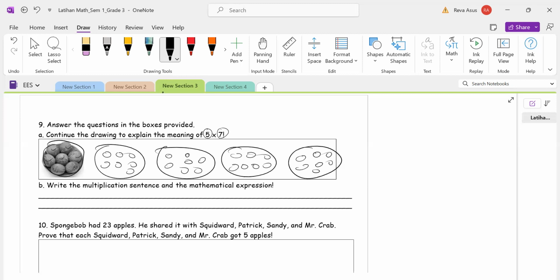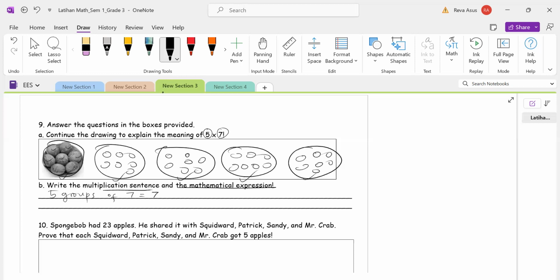Okay, so there are 5 groups. It is the first group, the second group, the third group, the fourth group. This is the fifth group of 7. Read the multiplication sentence. The sentence is 5 times 7 is 5 groups of 7. The mathematical expression: there are 5 groups of 7.